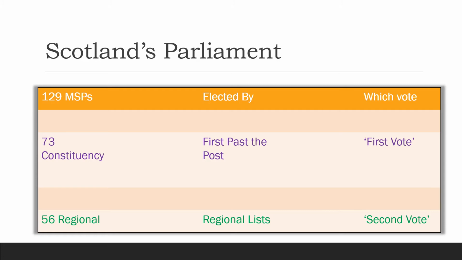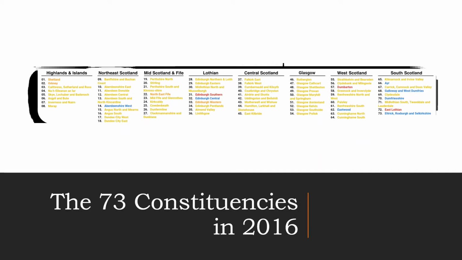There are 73 constituencies, therefore. There are 8 regions. Each region has 7 MSPs. So you can see that in this graphic here. You can divide Scotland into 8 regions: Highlands and Islands, North East Scotland, Mid Scotland, Fife, Lothian, etc. And you can divide Scotland into 73 constituencies: East Lothian, Linlithgow, Edinburgh Central, Glasgow Kelvin, and you can see that each region has between 7 and 9 constituencies within it.